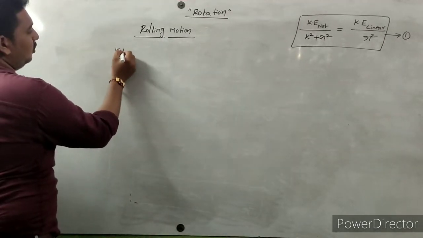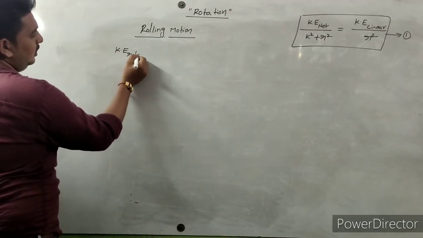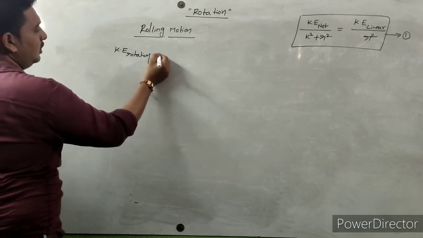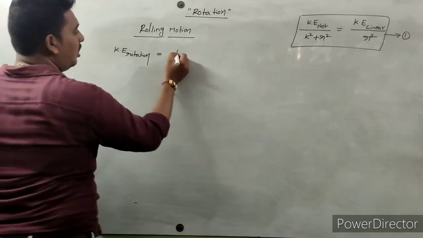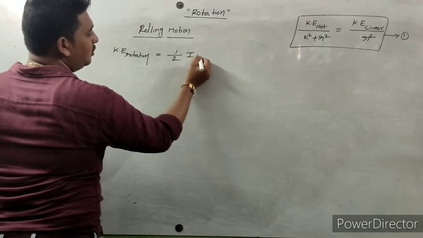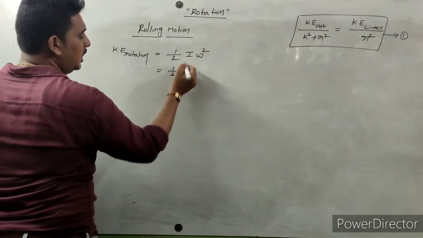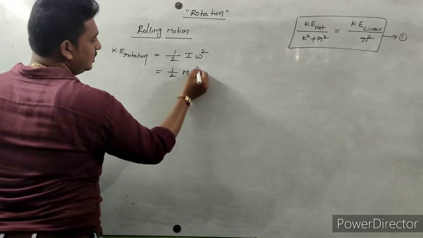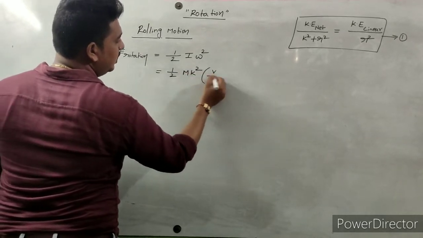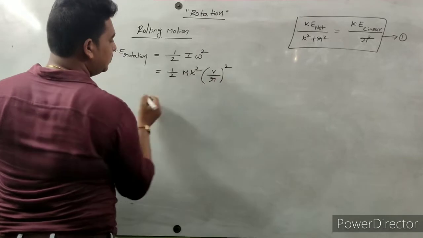Now, kinetic energy of rotation is half I omega square. Half into I means mk square, omega means v by r whole square.